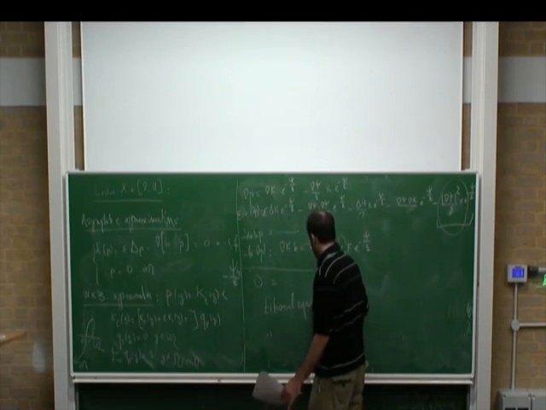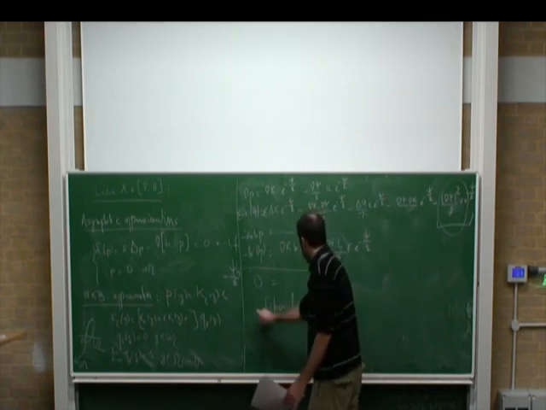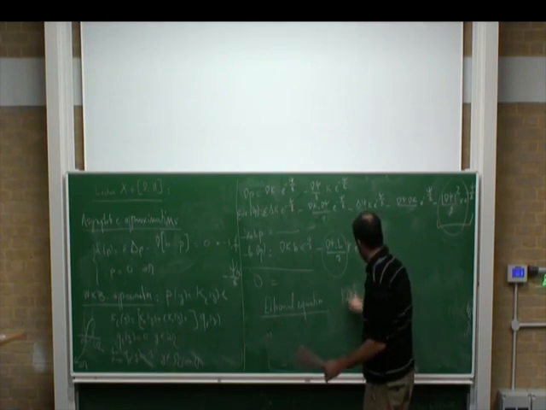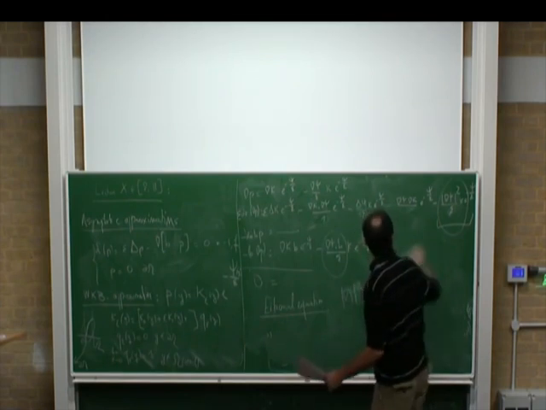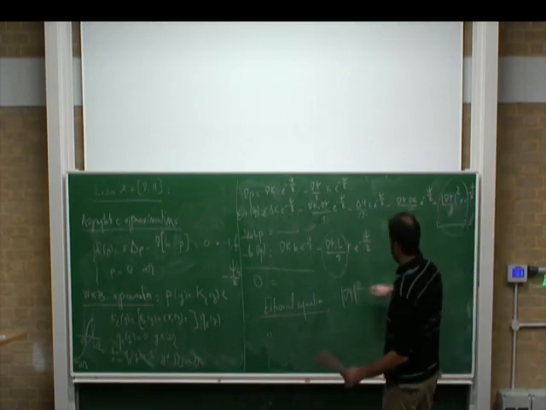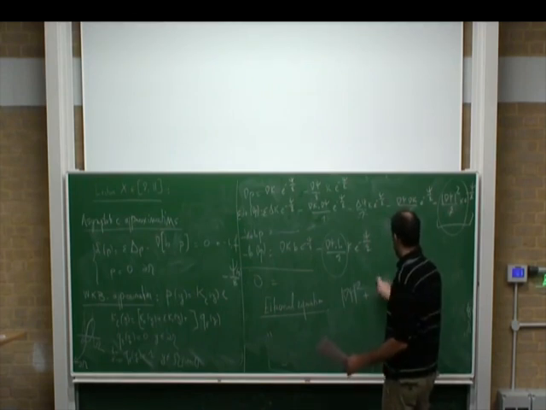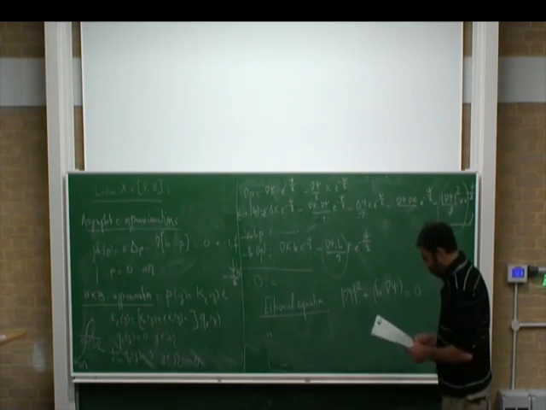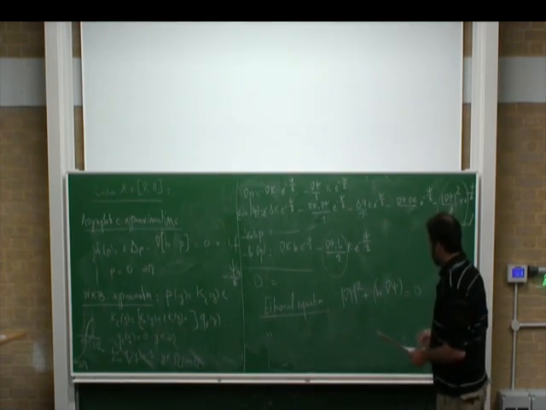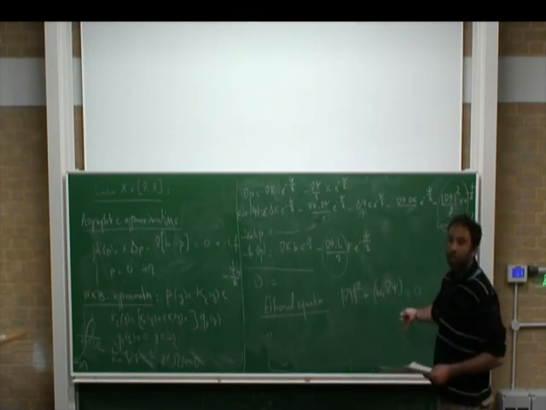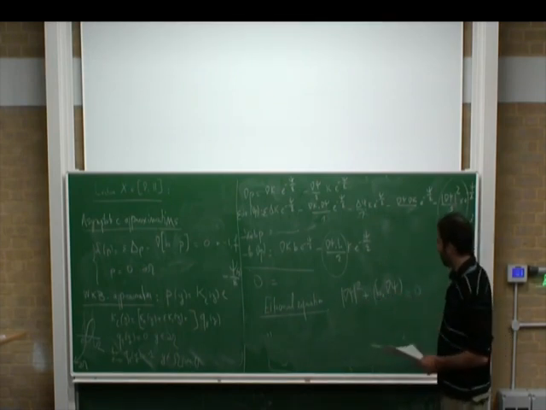Which means, this is gradient psi, right? Because k and k, plus b gradient psi equals 0. So this is a first order nonlinear partial differential equation.